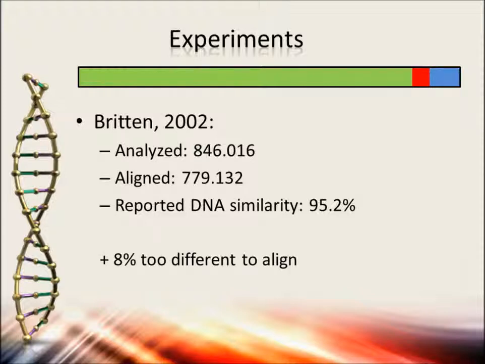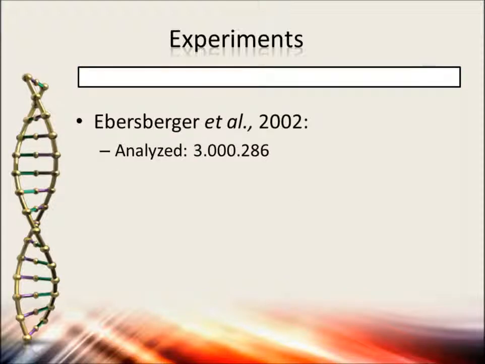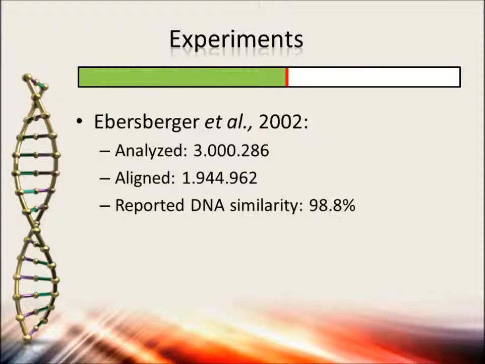But this means 8% unalignable data had been removed first. Ebersberger et al. in the same year analyzed over 3 million base pairs, got almost 2 million of them aligned and reported 98.8% similarity. But apparently 35% was too different to align.